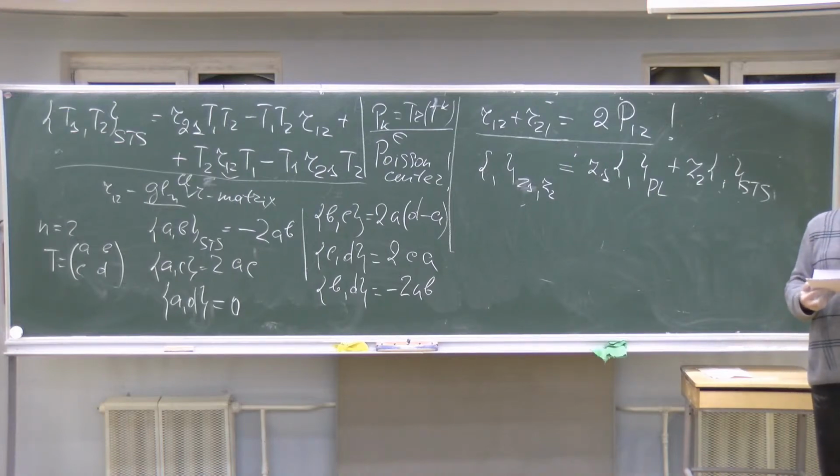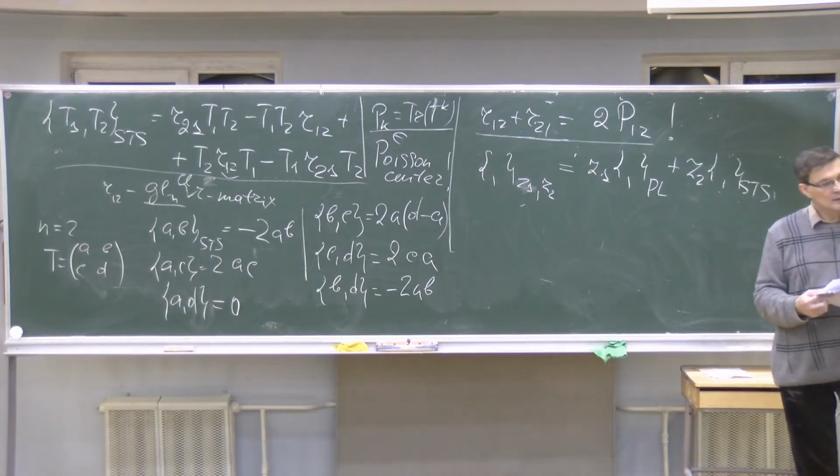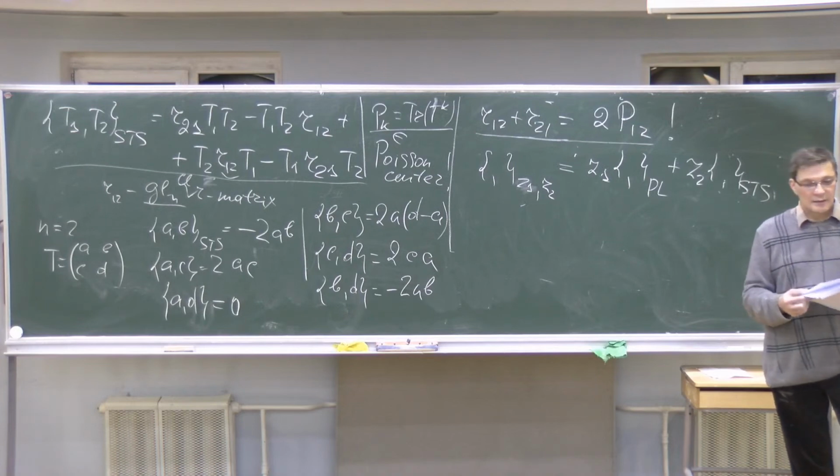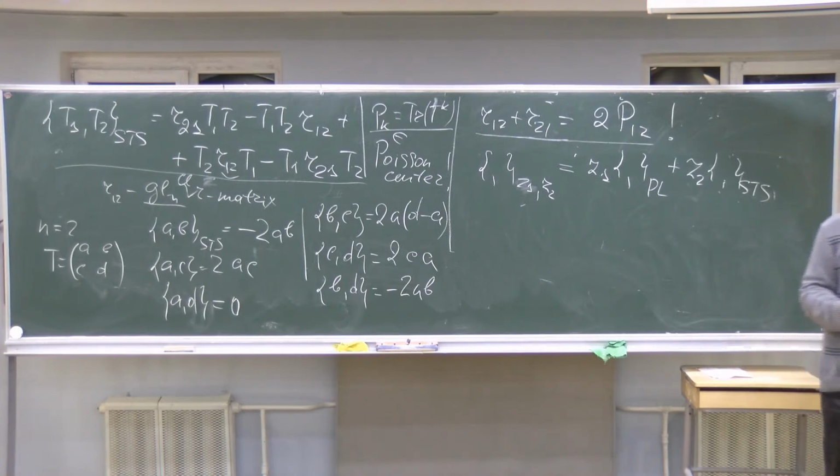And the same was before, when we considered the previous bracket, the Semyonov-Tyan-Shansky bracket. Yes, the proof that the center is generated by determinants. It is generated by the determinant for the GLn case.